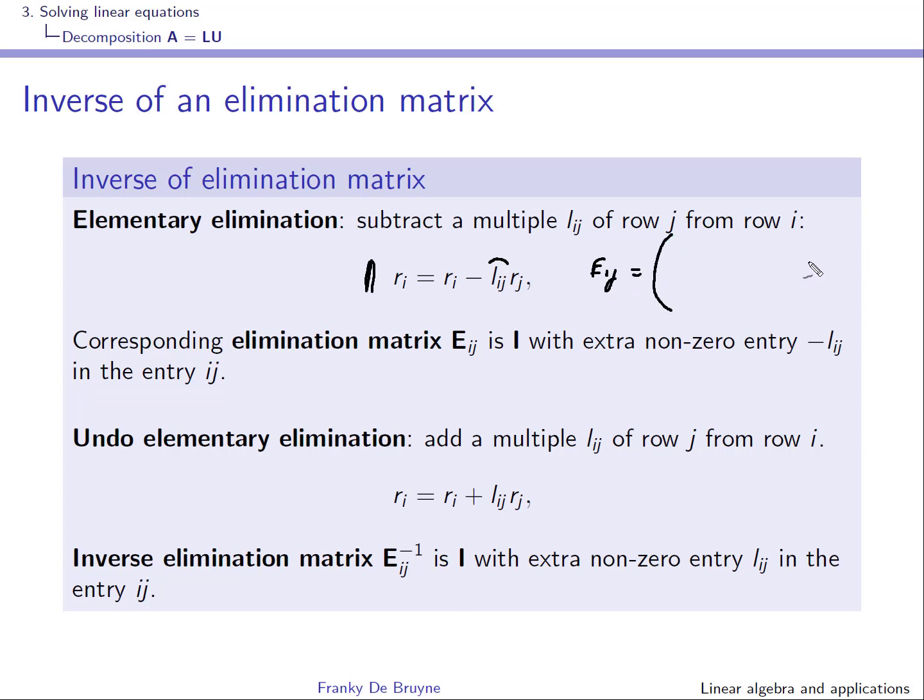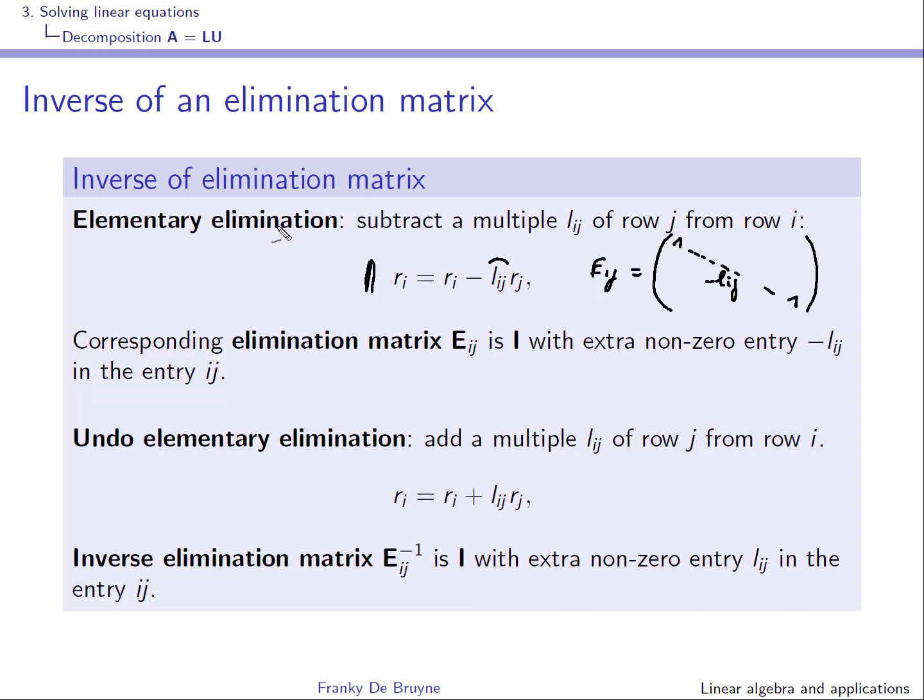It's a matrix where you have ones on the diagonal, zeros everywhere else except in entry ij, where you have to put minus the multiplier. Okay, so minus Lij.